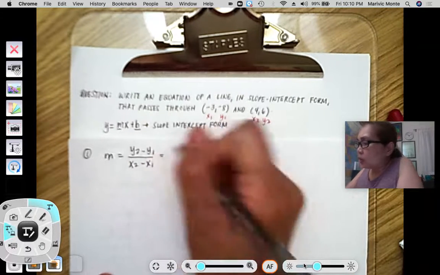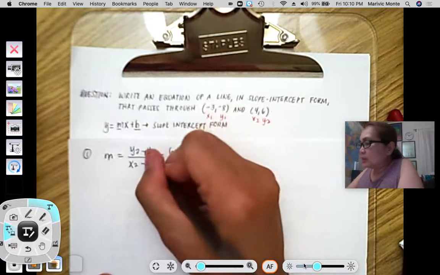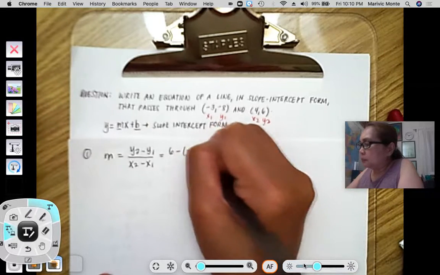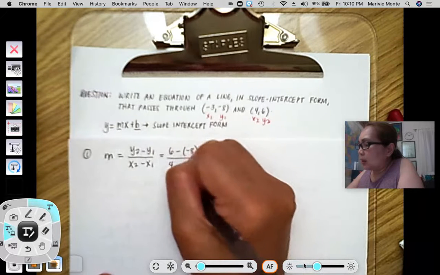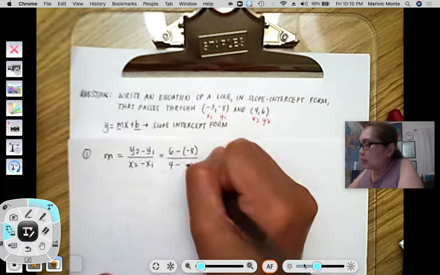So my y2 is 6 minus my y1, which is -8, over x2, which is 4, minus x1, which is -3.